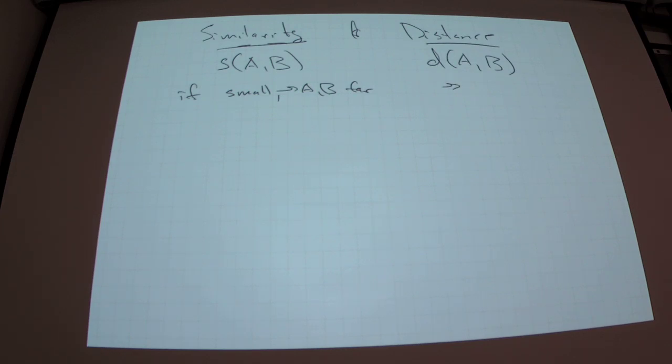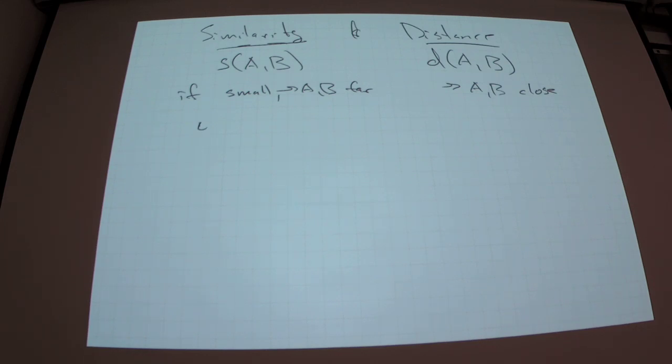But in a distance, a small value means A and B are close. So these are kind of opposites of each other. If something is very similar, it has a high similarity value, but that would mean its distance is small. So think of these as kind of inverses of each other.